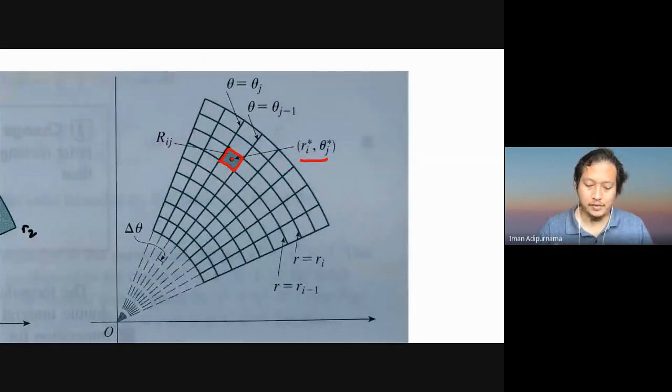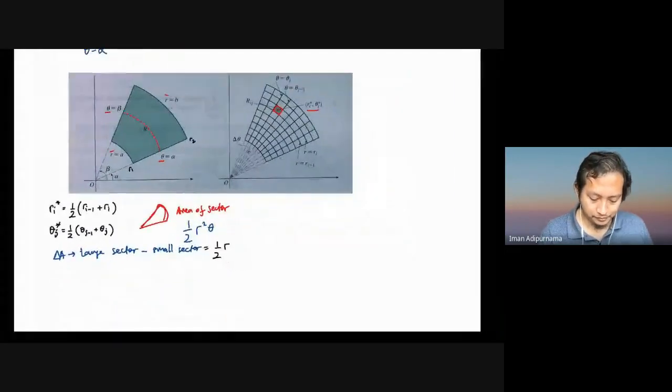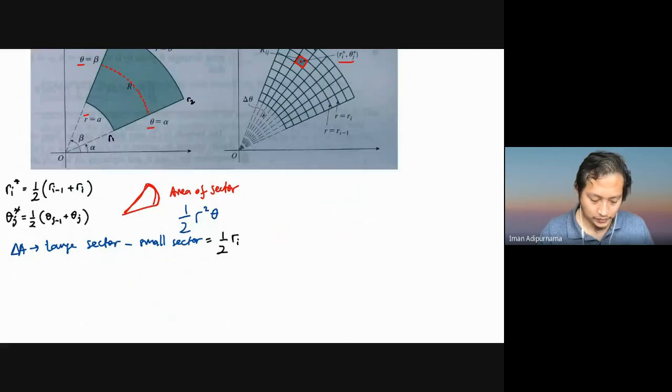So it's like a midpoint rule, right? Like a midpoint rule. So we have R1, Ri, sorry, and then delta theta, minus.